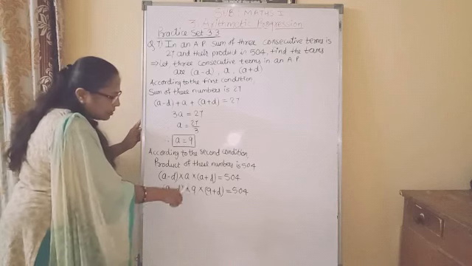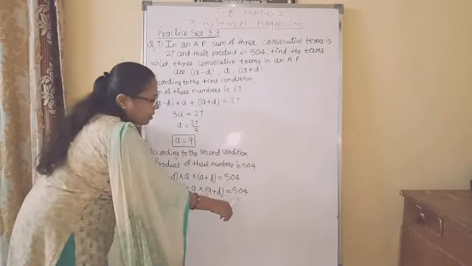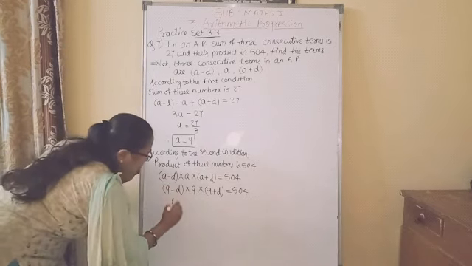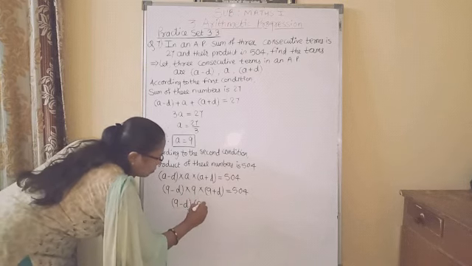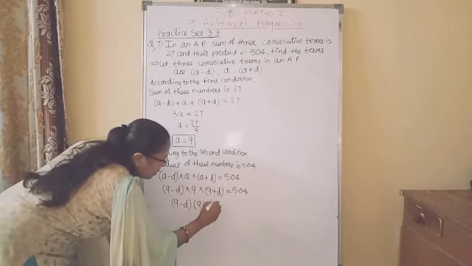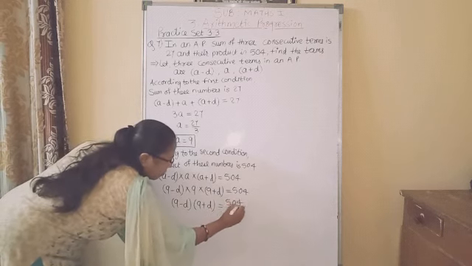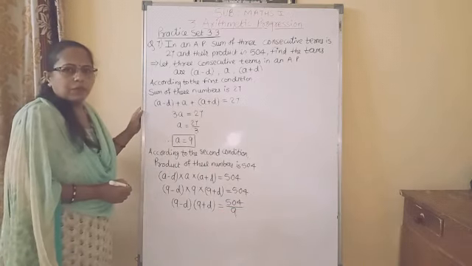Now this 9 is a single term which is multiplied here, so we will take it to the right hand side, so it gets divided. So 9 minus D into 9 plus D is equal to 504 divided by 9. Up to this understood?